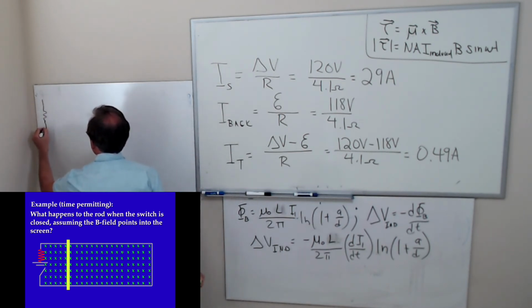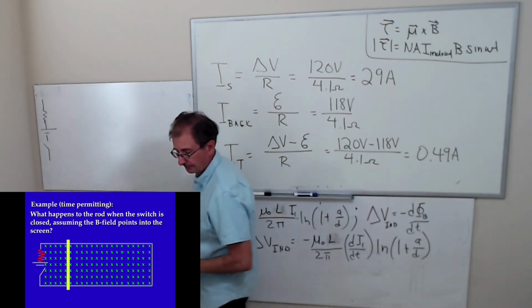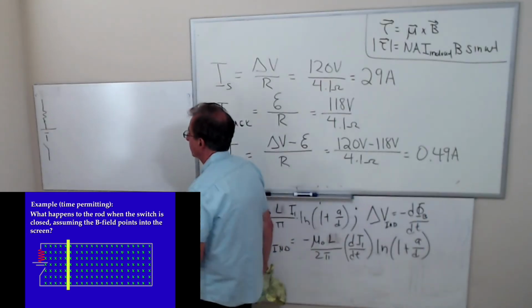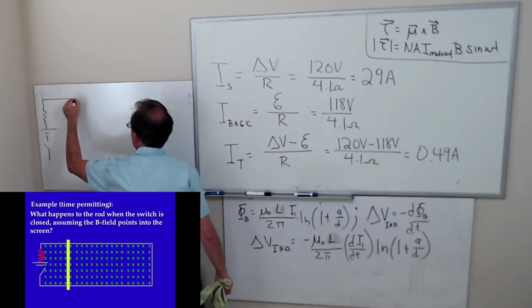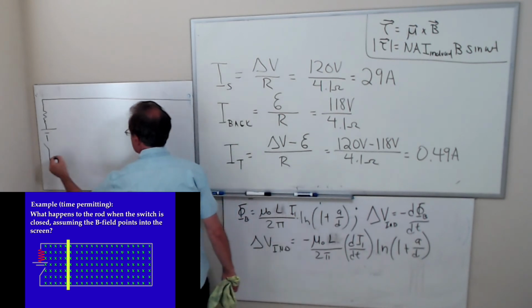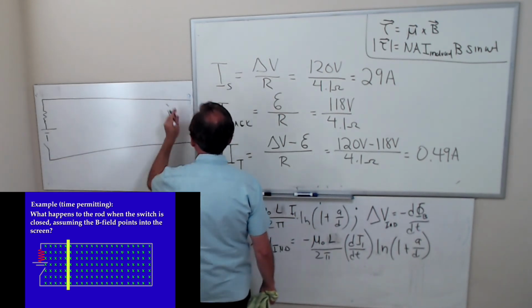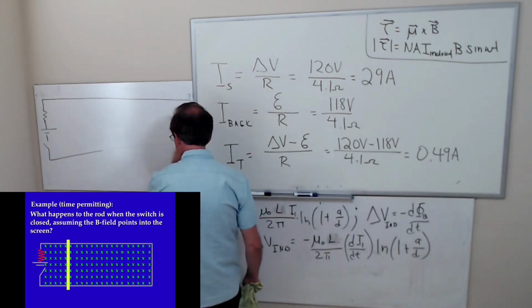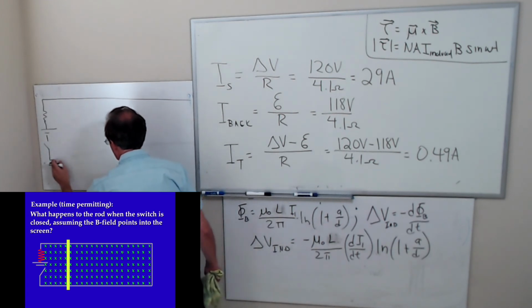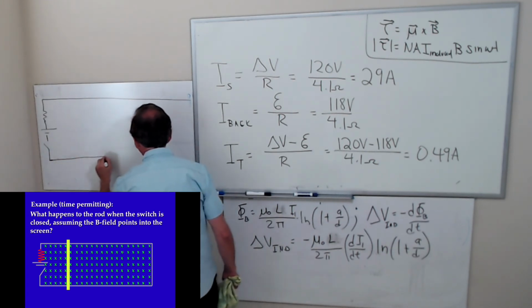So I have a power supply, a switch, and let's assume this is really long, and it ends somewhere down there. You want to draw the loop, go ahead and draw the loop.